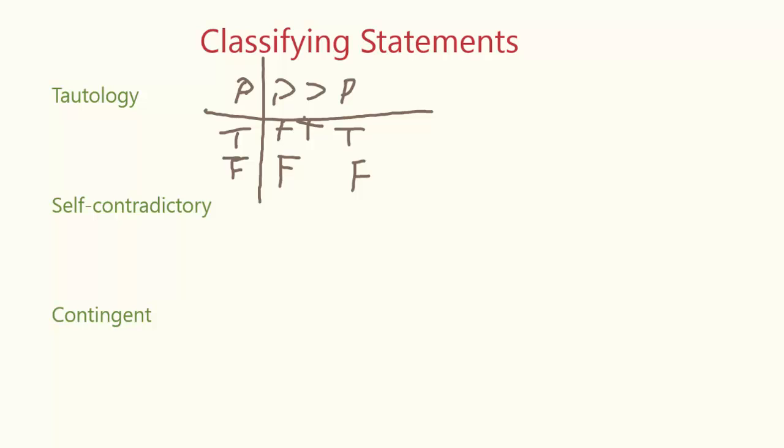Again, this isn't the case in which the antecedent is true and the consequent is false, so it's true. So no matter the circumstance that we consider, we find out that this sentence must be true. This statement must be true. And so it's a tautology.